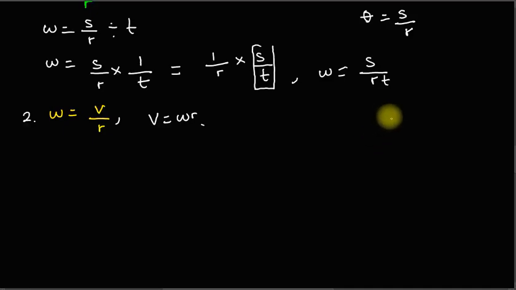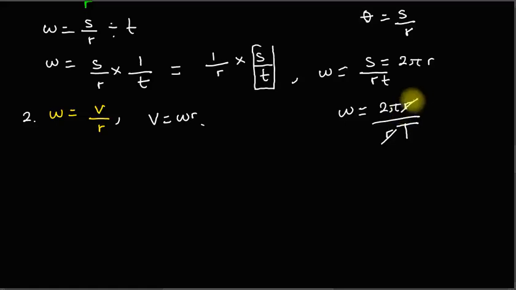So the time taken to complete one oscillation, and one complete oscillation around a circle is what? A circumference, right? So S is going to be equal to 2 pi r, which is the circumference of a circle. So I'm going to have W is equal to 2 pi r all over r, but T we are going to represent as capital letter T, representing period, the time taken to complete one oscillation.